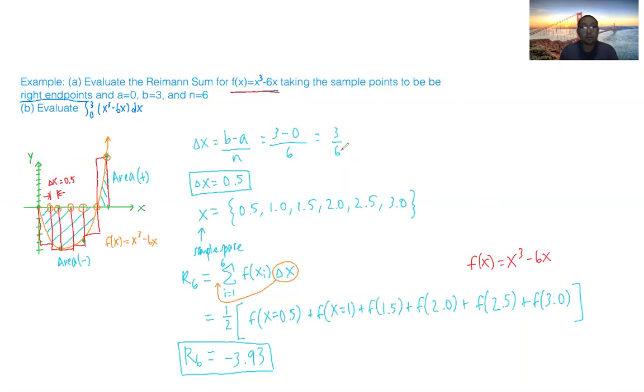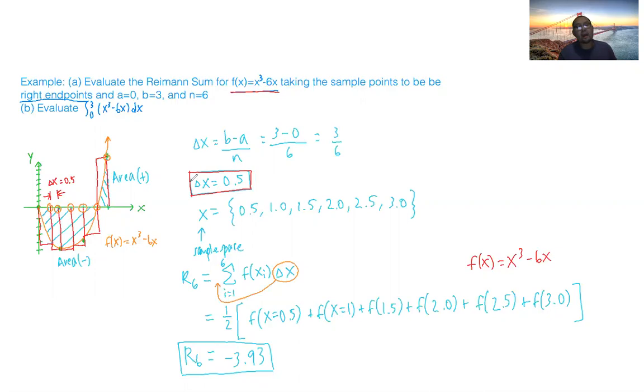And so let's evaluate that function. We already have our sample space. So for part B now, I'm going to identify our key pieces of information.